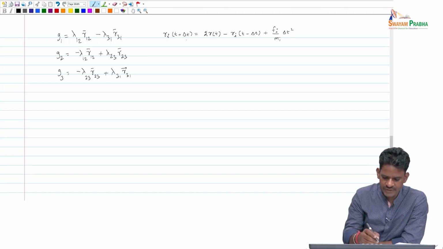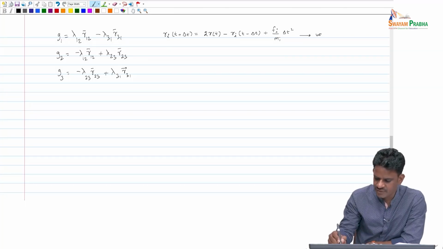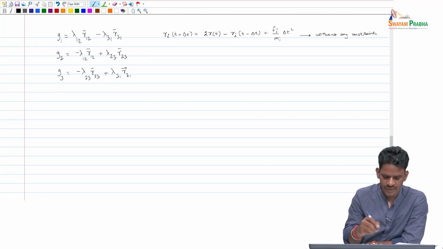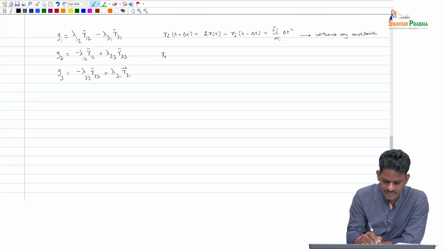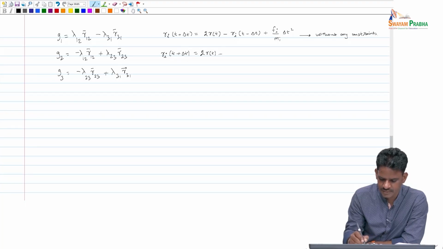Now this is the case without any constraint force. When you apply constraints, you will see an additional term in the acceleration.